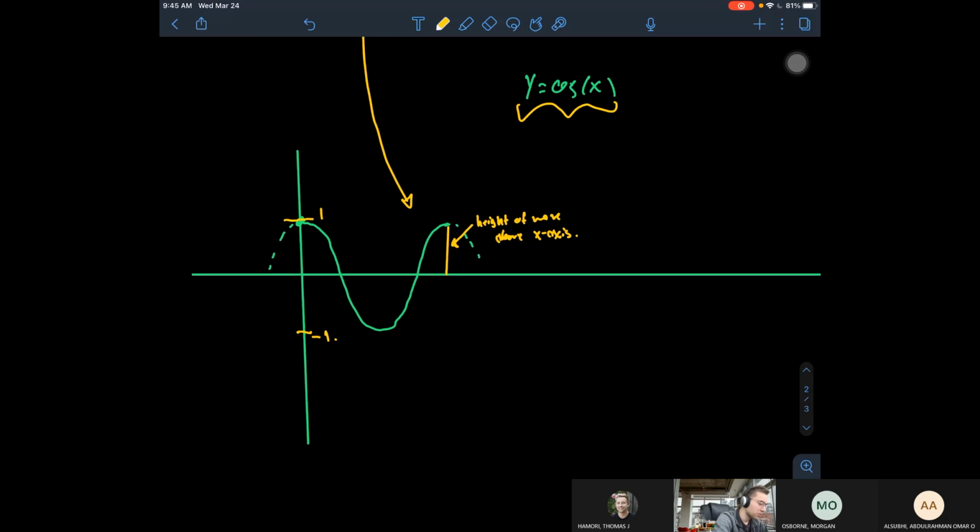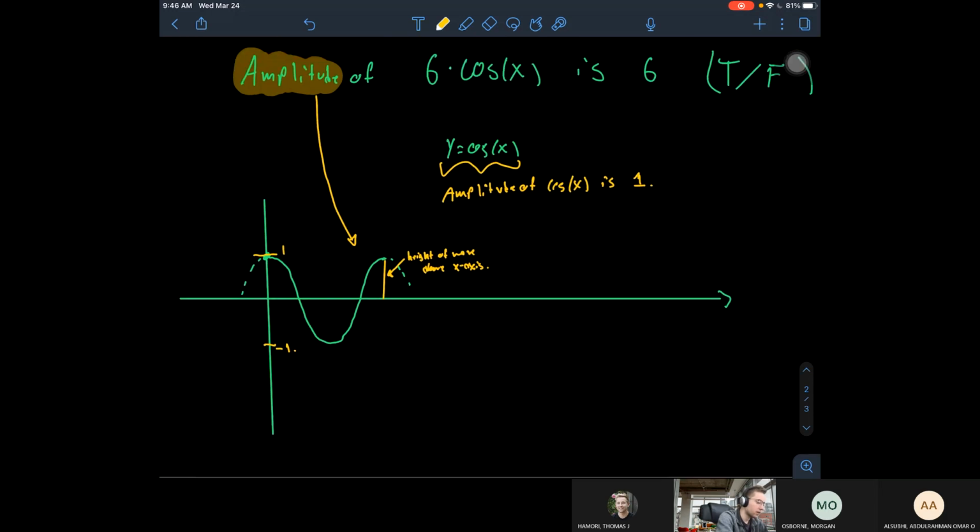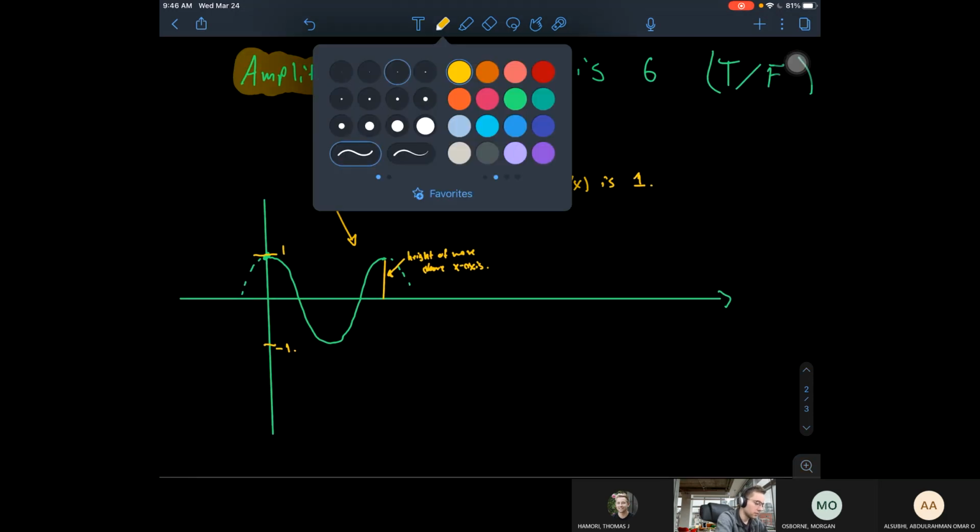Okay, so the amplitude of cosine of x is 1. Also for sine of x.